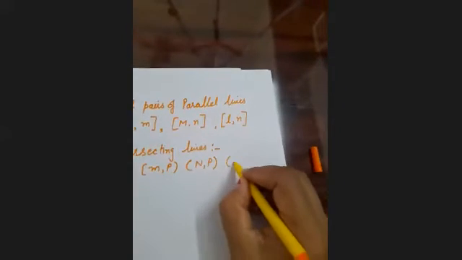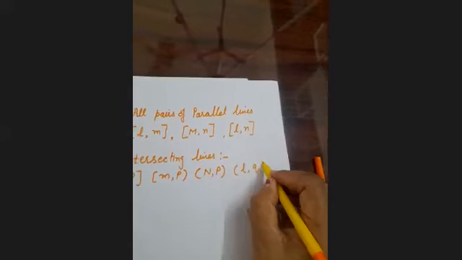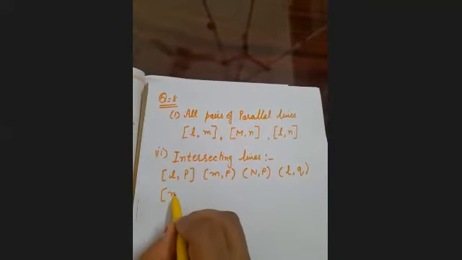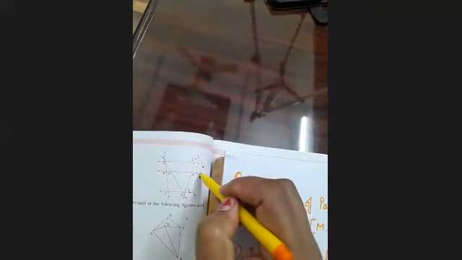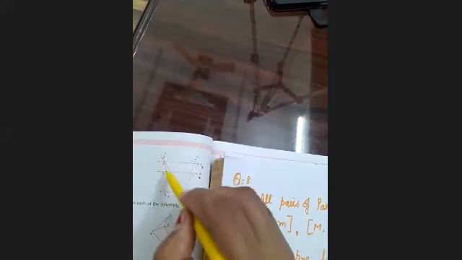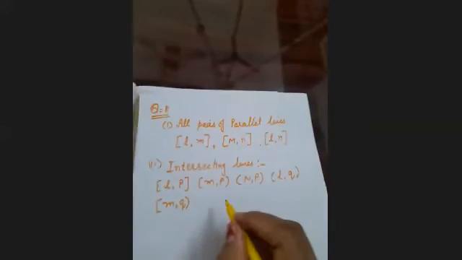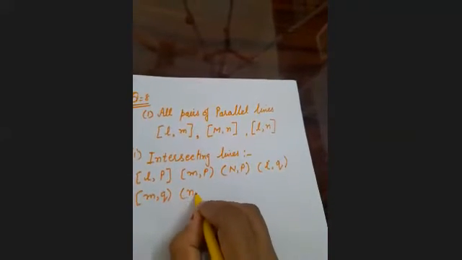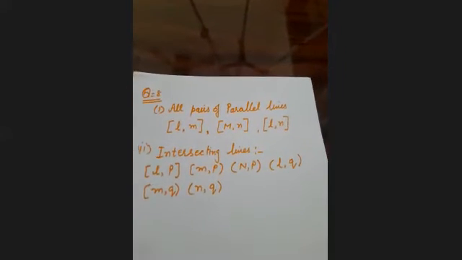Next is M and Q. This line and Q intersect at point B. Next is N and Q, which intersect at point A. Next is LR, MR, NR. These are all intersecting lines.